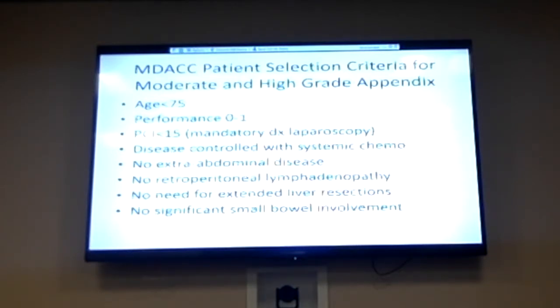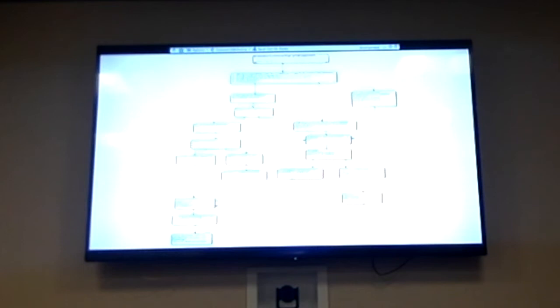There's got to be no extra-abdominal disease, no lymph node involvement, and no need for extended liver resections. And you can't have someone that you're going to leave with potentially short gut or significant bowel involvement. So generally, patients who have a low level of disease and have been stable or have a good response to chemotherapy and have good performance status and are young. Again, apologies, but this is the algorithm here, essentially saying the same thing.